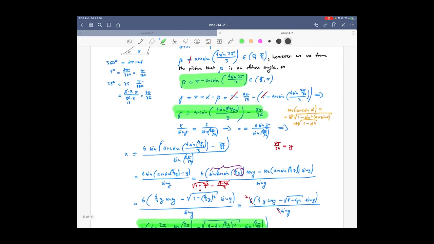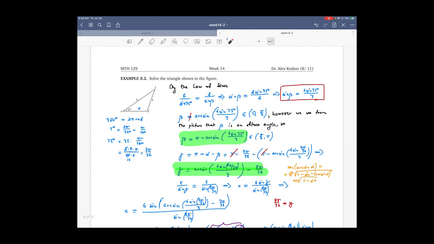The only ambiguity in this problem was when we found beta. Because again, we can't use the law of cosines here. We are bound to use the law of sines. And when we do this, we need to take arcsine. But arcsine gives the result as if angle beta was acute. In our picture, however, angle beta is obtuse.